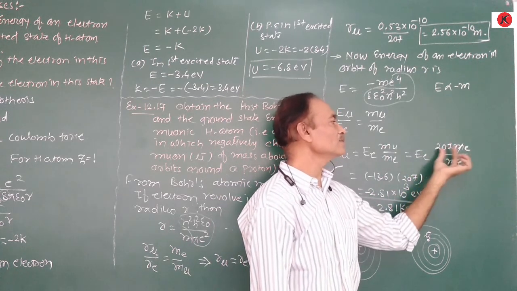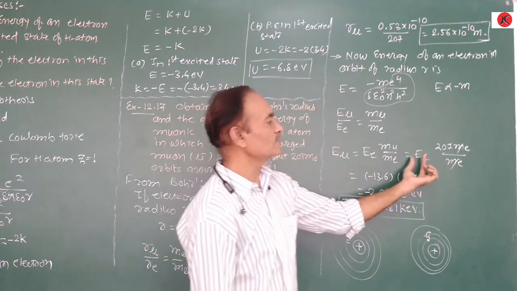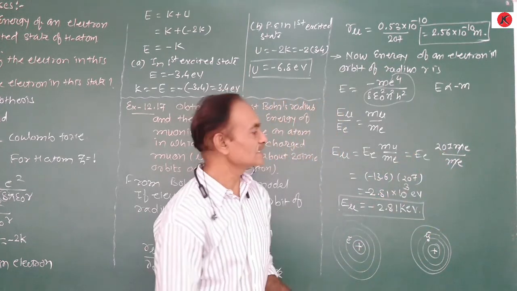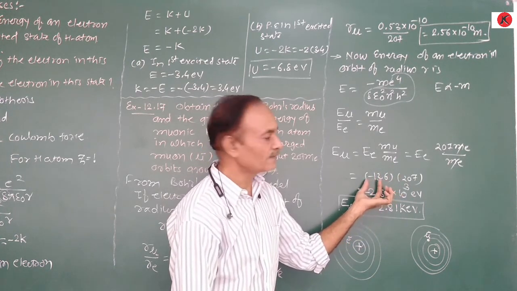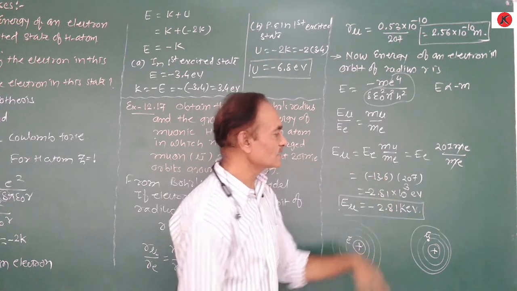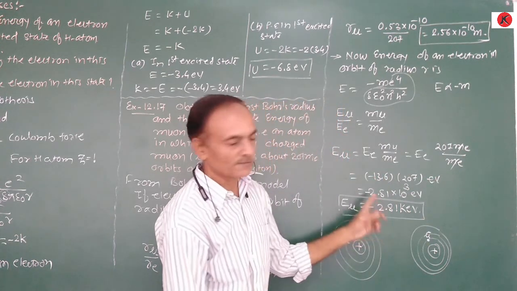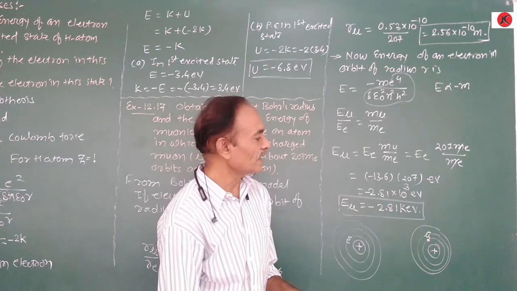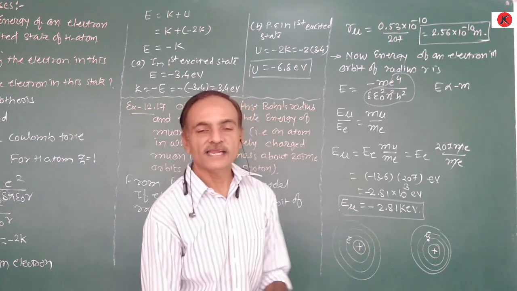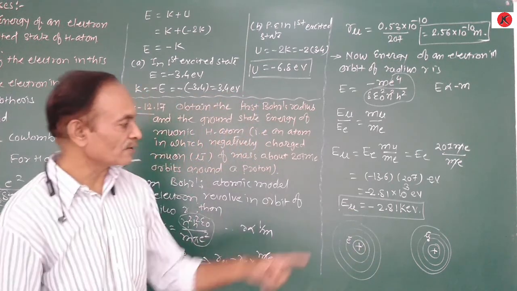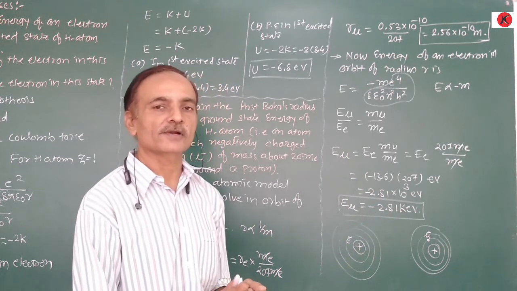Here Mu is 207 times Me, and Me cancels. Therefore, it is 207 times the ground state energy of the hydrogen atom, which is minus 13.6 electron volt. Multiplying by 207, we obtain minus 2.81 into 10 to the 3 electron volt. Therefore, the energy of the ground state of the muonic atom is minus 2.81 kilo electron volt.